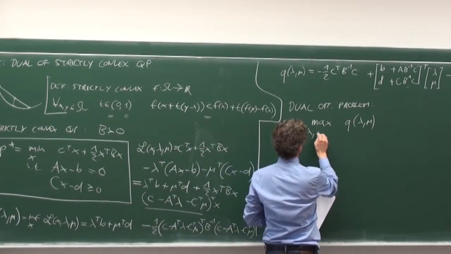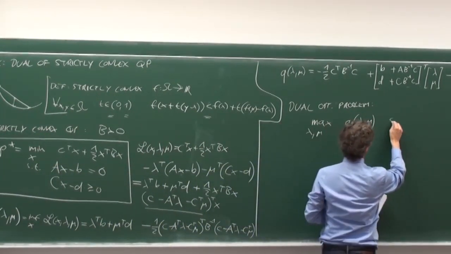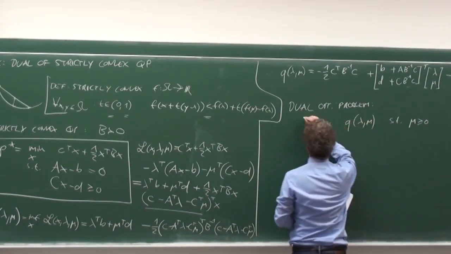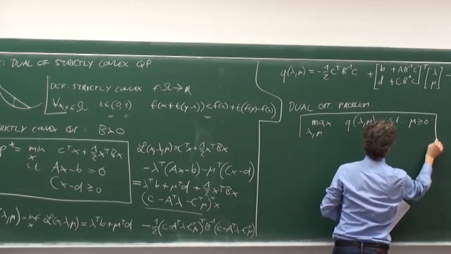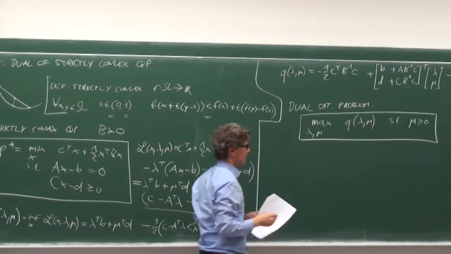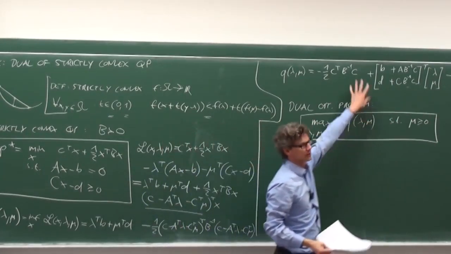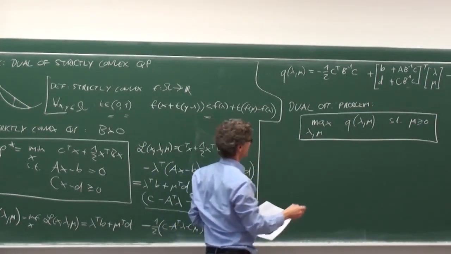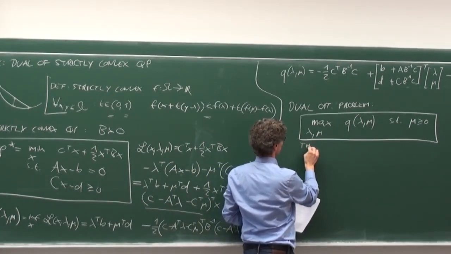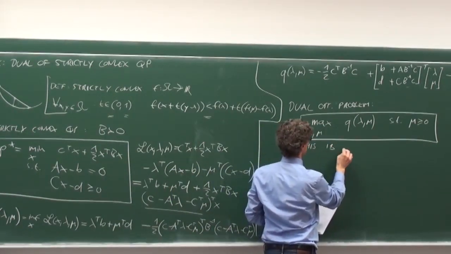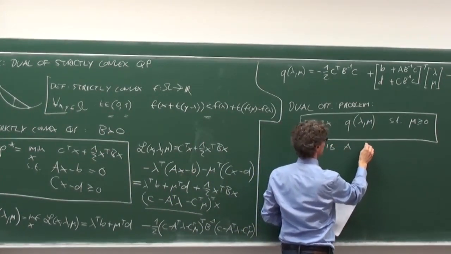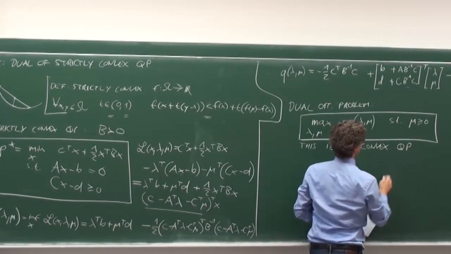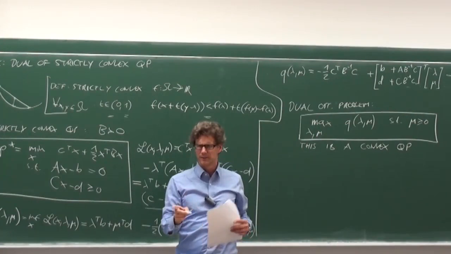Over all lambda and mu, subject to mu bigger than 0. And of course I could now copy this function, but this is clear, right? So what we see is this is a QP again. Convex QP.